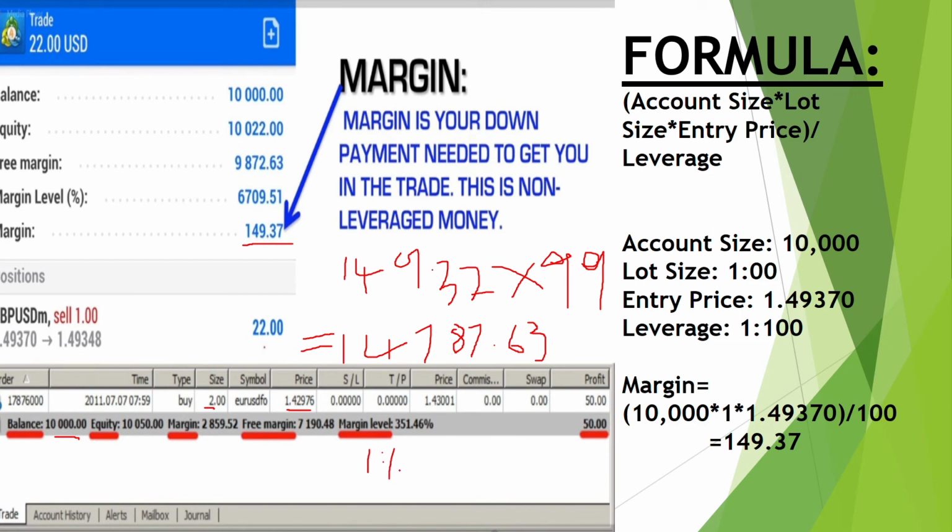So it will be account size times the lot size times the entry price divided by the leverage, which is 100. Then you arrive at your answer. Submit it on the comment section or private chat me on Telegram to submit your assignment.